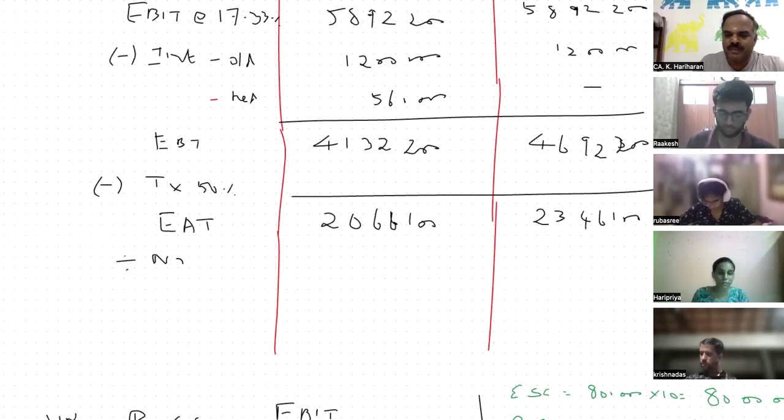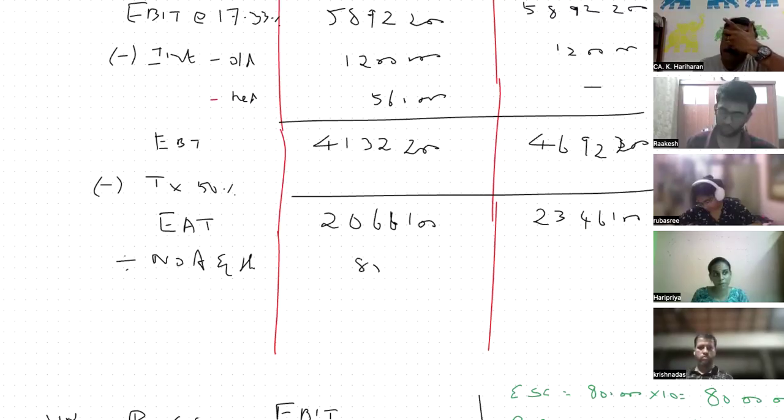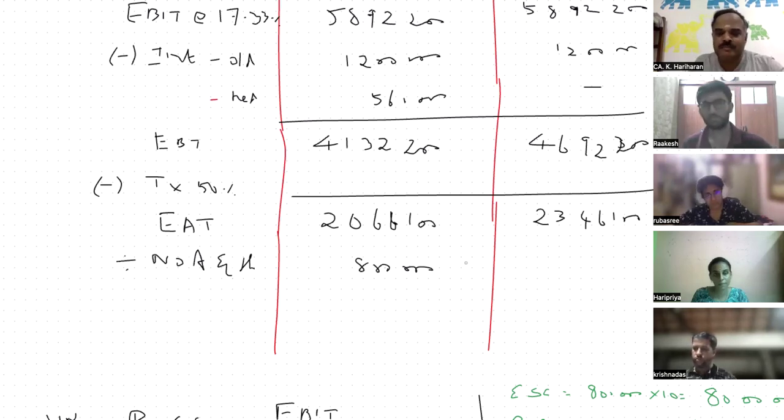Additional by way of equity means 8 lakhs plus 4 lakhs. Share capital of 80 lakhs plus 40 lakhs, so the number of shares is 12 lakhs.